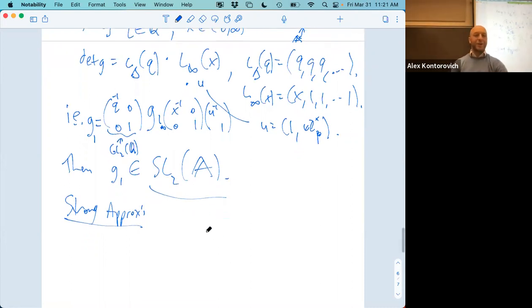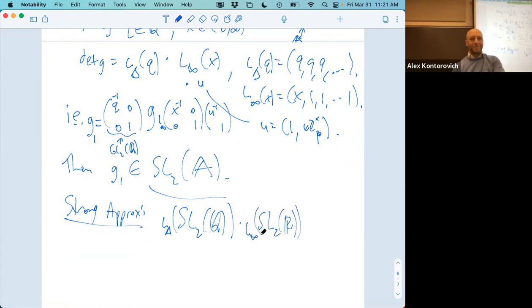Okay, so let me tell you the strong approximation theorem. It's that if I take SL2Q embedded diagonally and I multiply by SL2R embedded at infinity, this product is dense in SL2 of the Adeles.